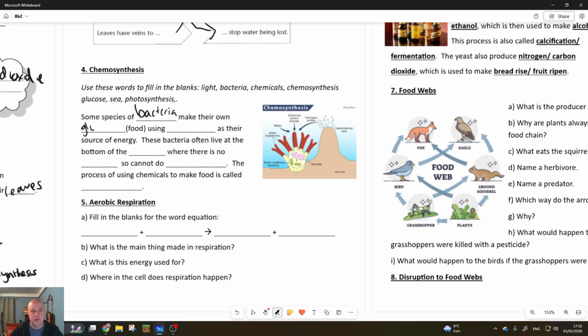It was called glucose, using chemicals as their source of energy. The bacteria often live at the bottom of the sea. Down here, there's no light, so they cannot do what plants do with light? Photosynthesis. The process of using chemicals to make food is very simply called chemosynthesis.